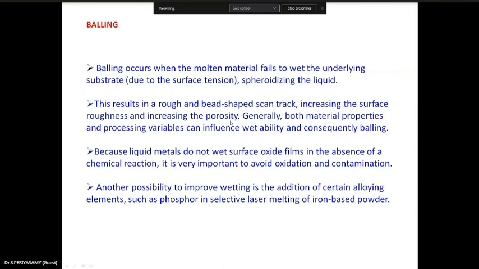Here you have the energy parameter, here the volume based energy density is considered. So here it goes on increasing. The values are increasing, the energy level is increasing, you can get less void or porosity.